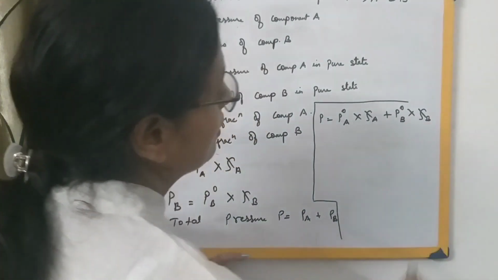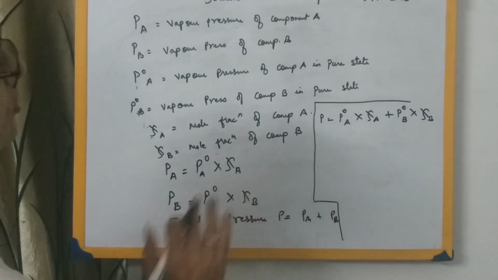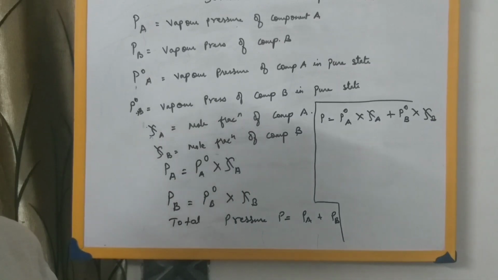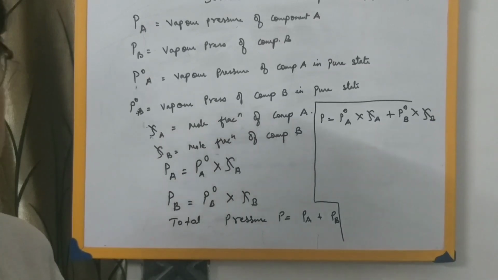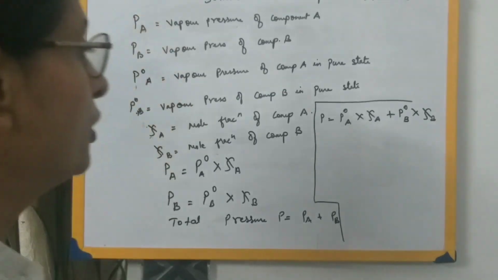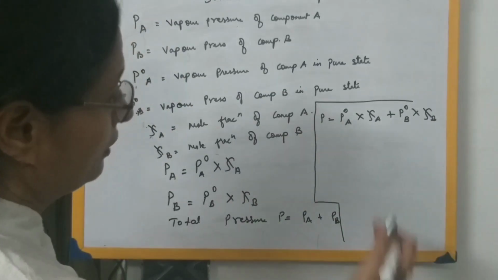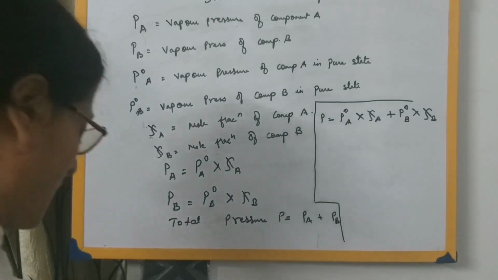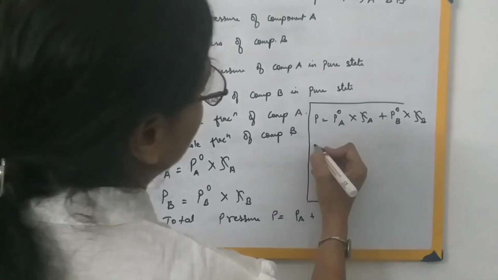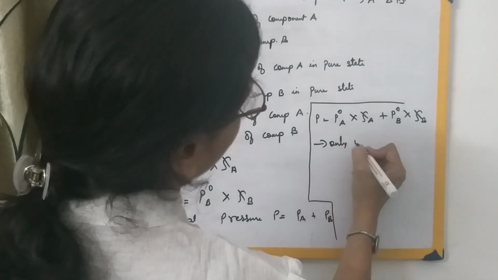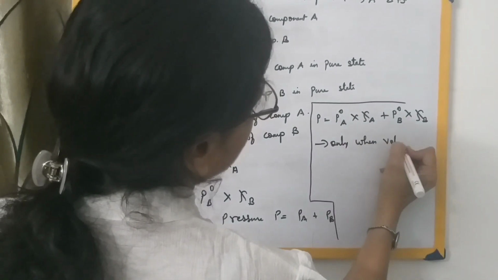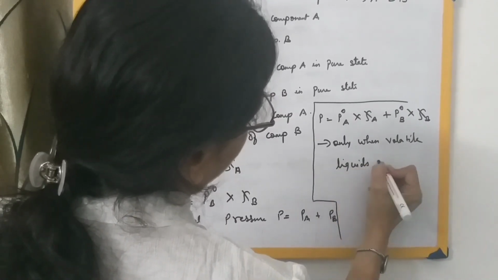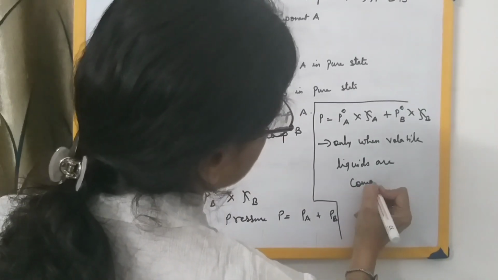Understood everyone? So this is the relationship that we get for the solutions containing the components or the solvents which are volatile in nature. Now this law, or this relationship, is applicable only when these volatile liquids are completely miscible.